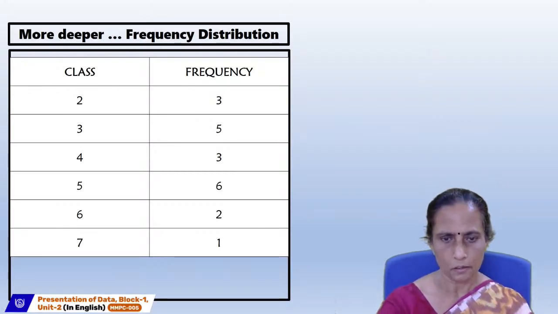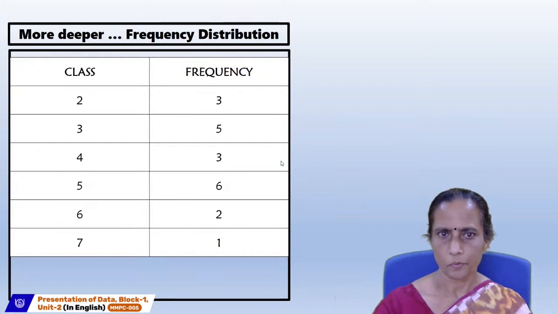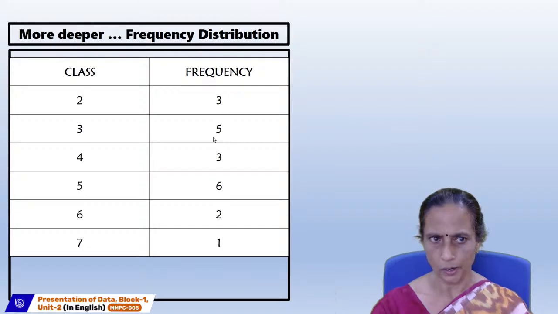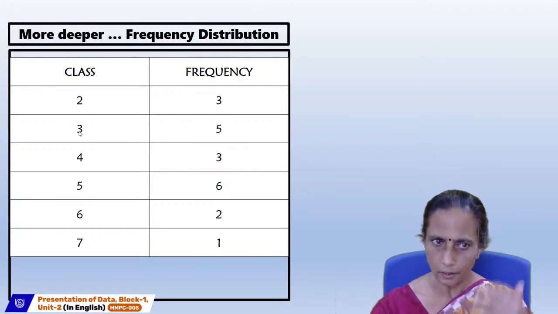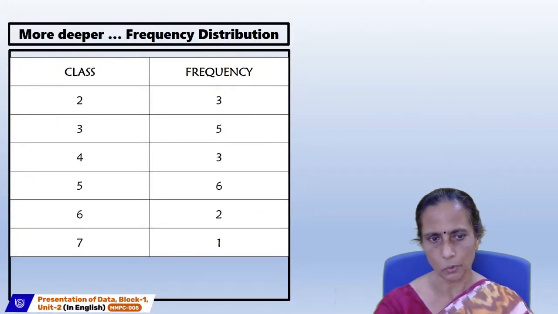Similarly, I made a count of 1, 2, 3, 4 and 5. So the number of students who responded that they are working 3 hours a day are 5, and so on. 4 hours a day are 3, 5 hours a day are 6, 6 hours a day are 2 and 7 hours a day are 1.